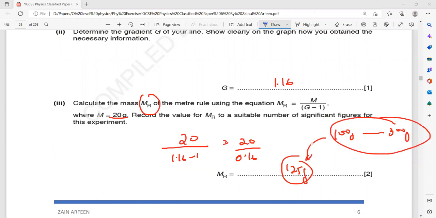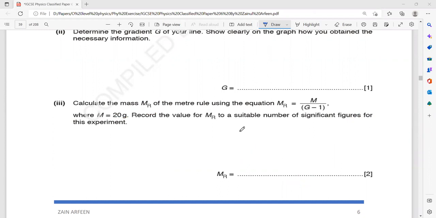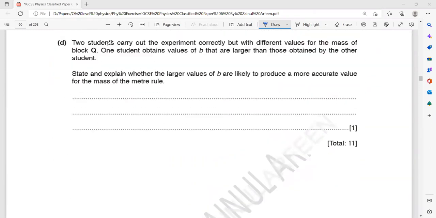Even the range of answer in the marking scheme is about 100 to 400. So again, you don't have to memorize any formula for paper 6. You just use it.